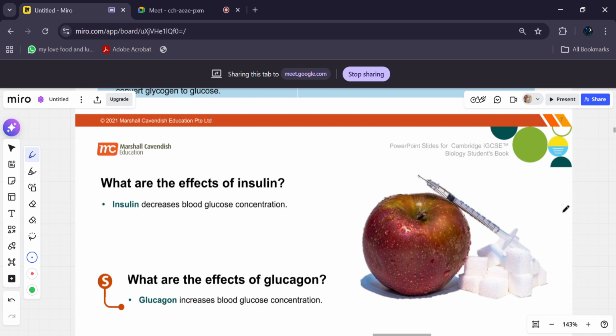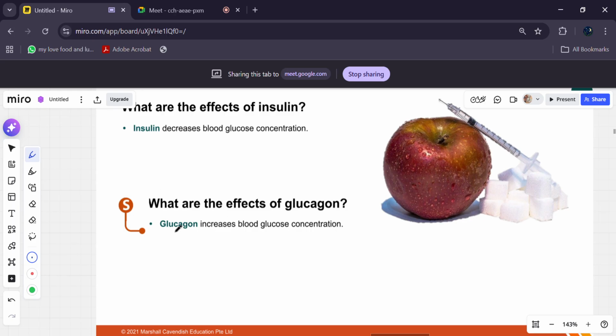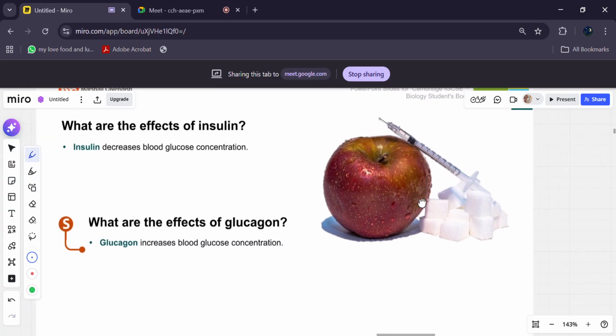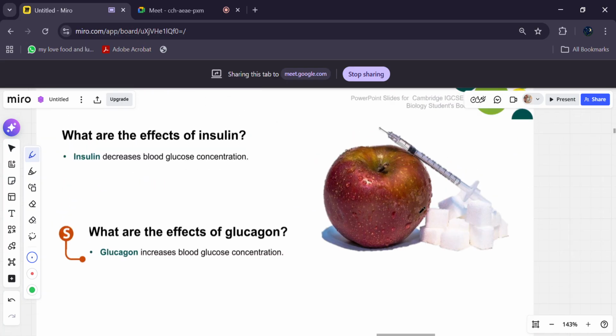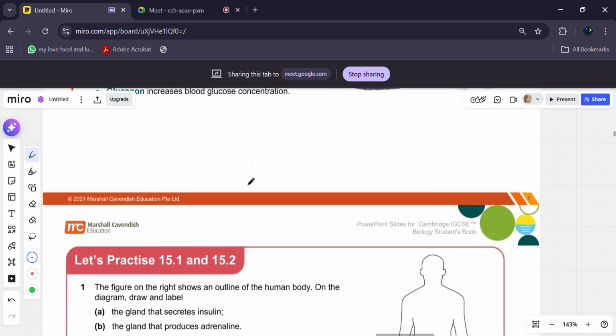It also stimulates the liver and muscles to convert glucose into glycogen for storage. So instead of converting glycogen to glucose, it does the opposite. It converts glucose into glycogen, decreasing the glucose concentration in the blood.